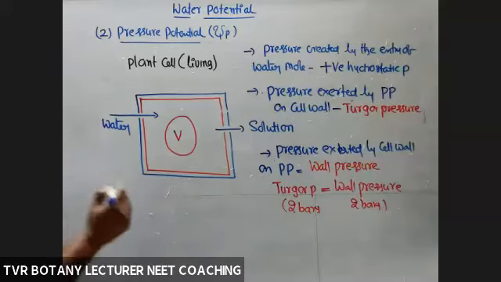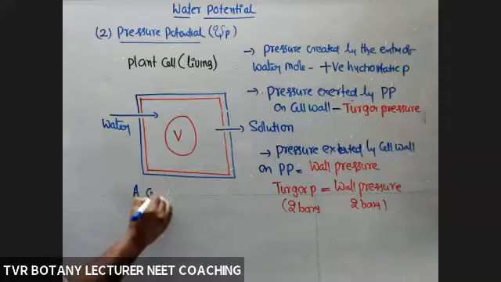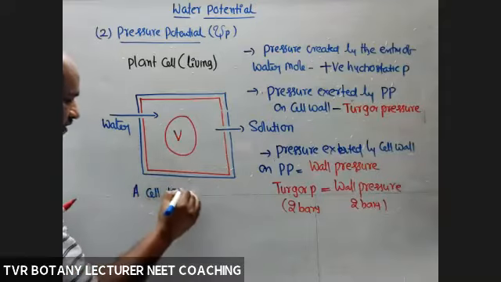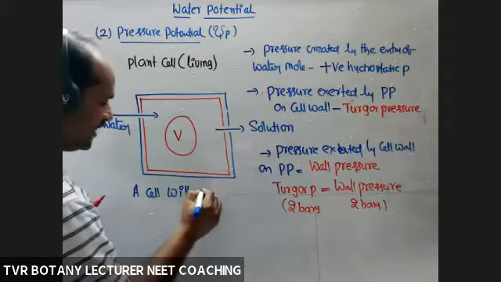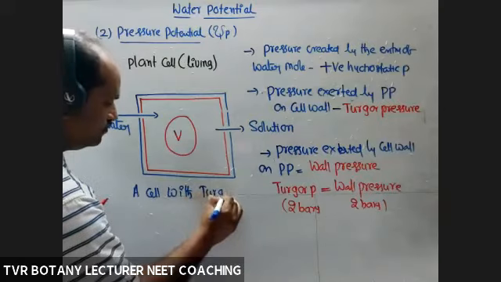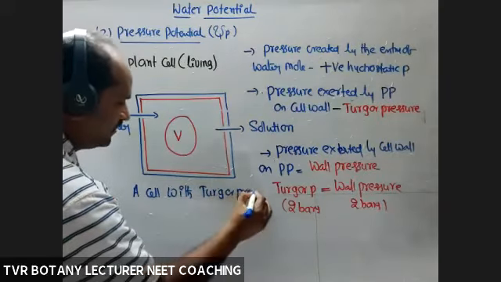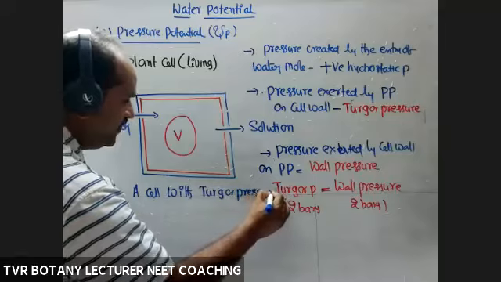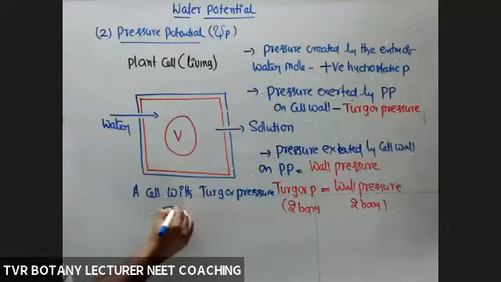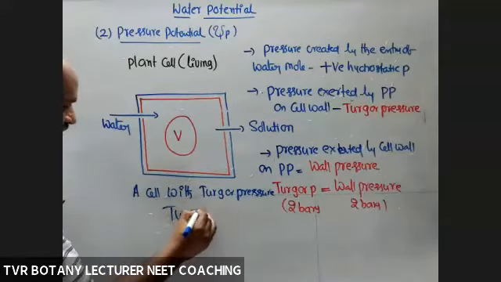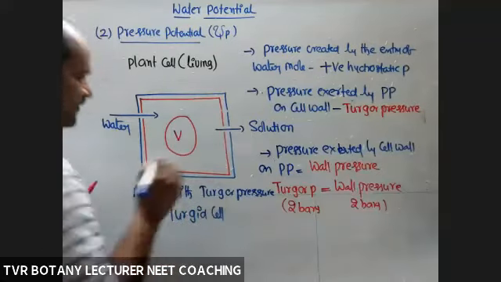A plant cell with turgor pressure is called a turgid cell.